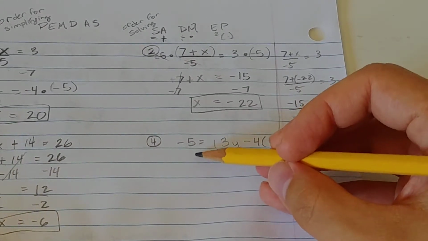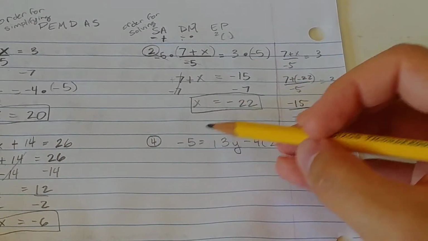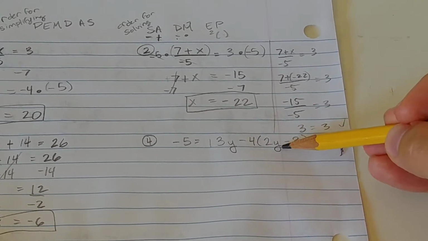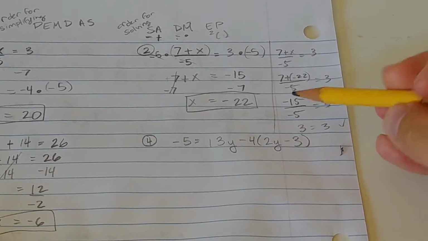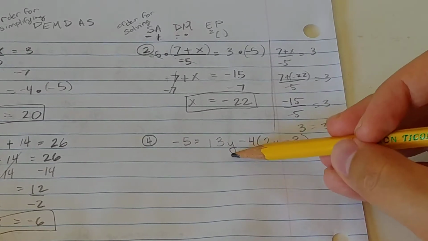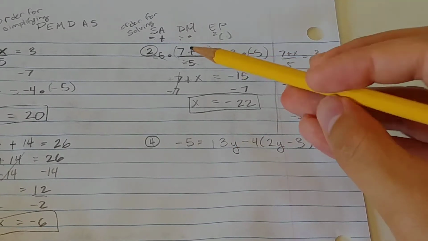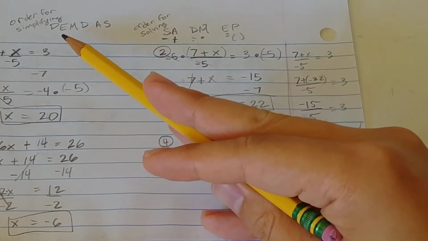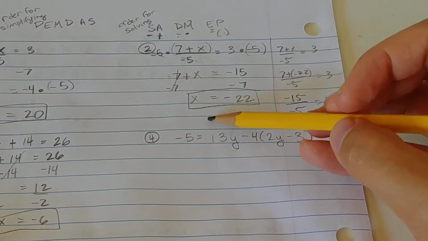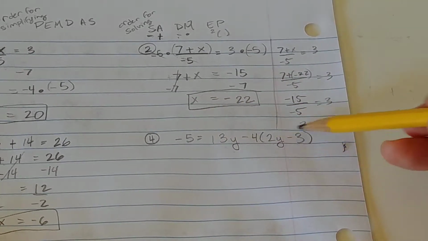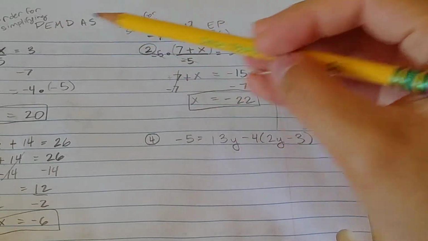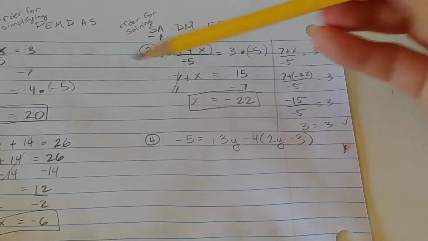And that way you can watch it voluntarily if you want. Okay, so number 4, we have negative 5 equals 13y minus 4 times a quantity of 2y minus 3. Because we have two variables on one side, we don't want to do SADMEP yet. We don't want to solve. We want to simplify first. So PEMDAS: parentheses, is there anything we can do inside the parentheses? No. Exponents, no. Multiplication, yes.